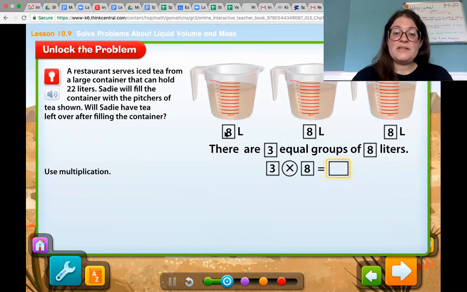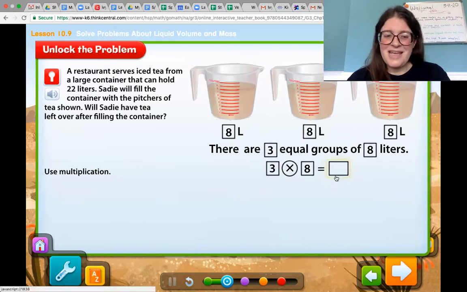So I want you to pause the video and try adding 8 plus 8 plus 8 and see what you come up with. Or if you know your multiplication facts, try skip counting by 8 3 times and see if you come up with that number. Pause it.